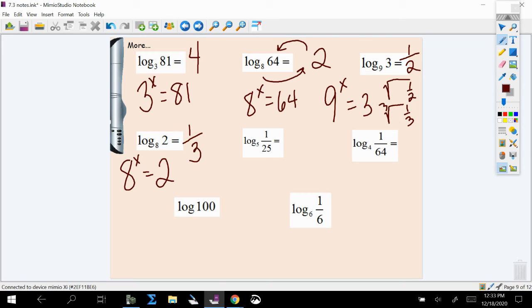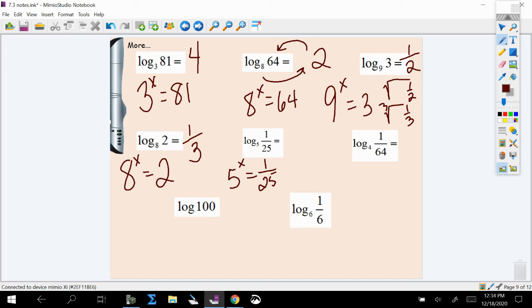For the next one, now we have 5 to a power, and we end up with 1/25. So first thing you should notice is you end up with something with a denominator. So when you are working with a denominator, the exponent must be negative because the negative exponent moves it to the bottom. So you're thinking, okay, what power did I take it to get it to be 25? Well, that would be the second power.